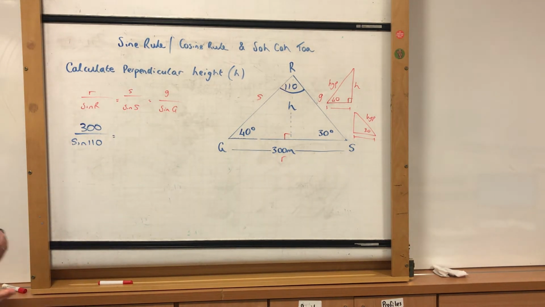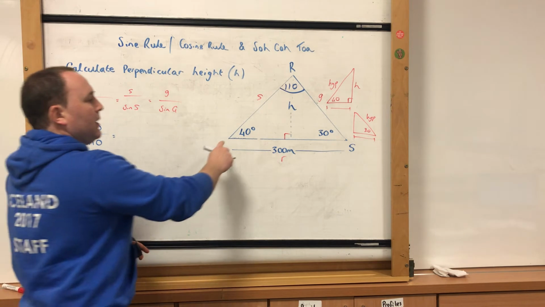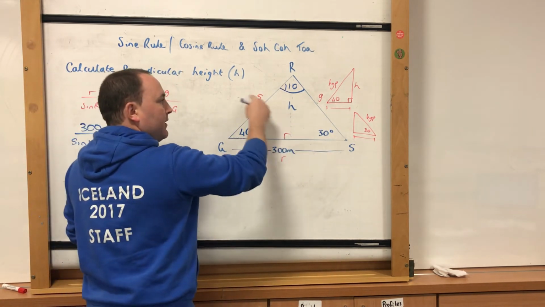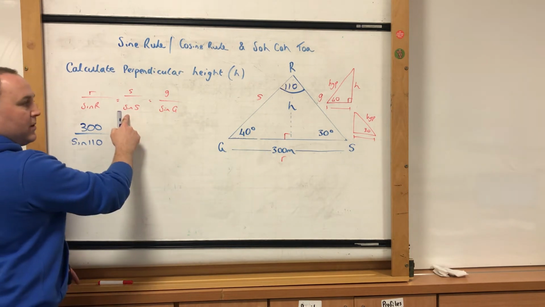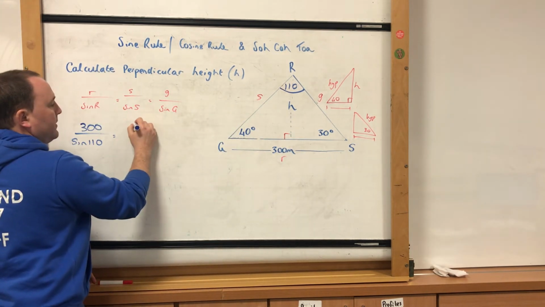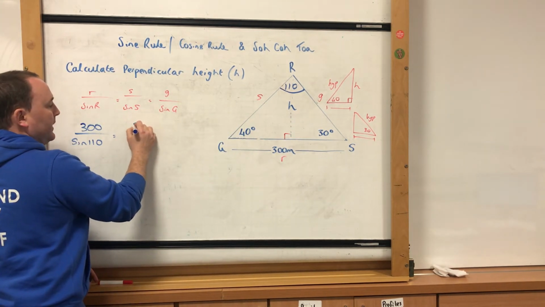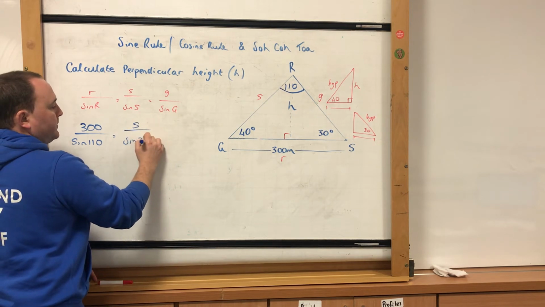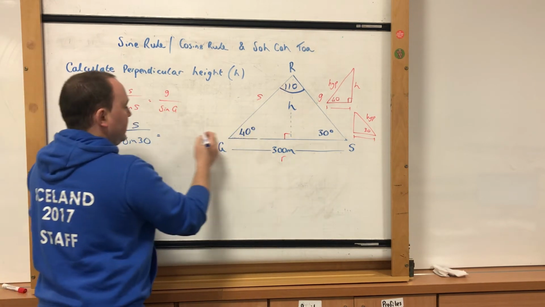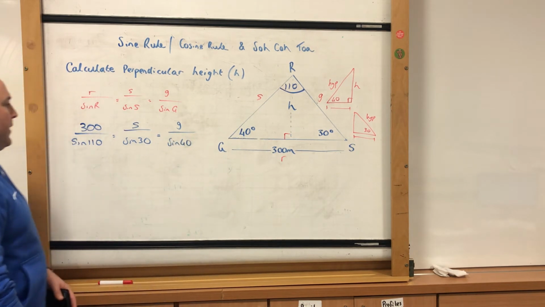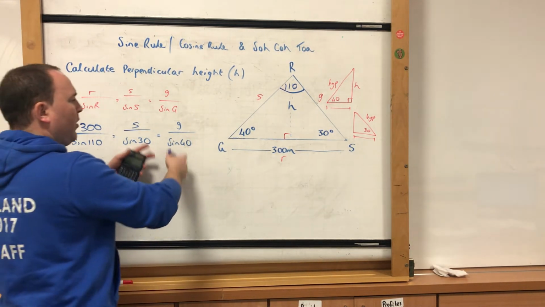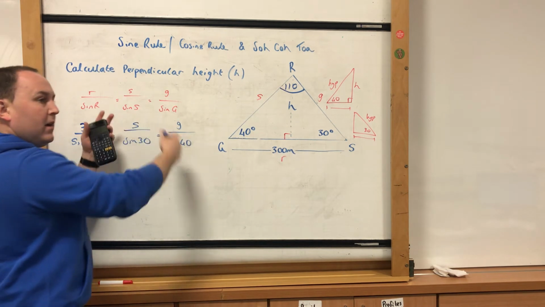Why did we pick sine rule? Because we were thinking about the ratios of these sides and angles, okay. So S is 30, the angle, so S over sine 30 and G over sine 40, okay. Now previously with the sine rule we went, oh, we don't know information about one of them, let's score it off, okay.